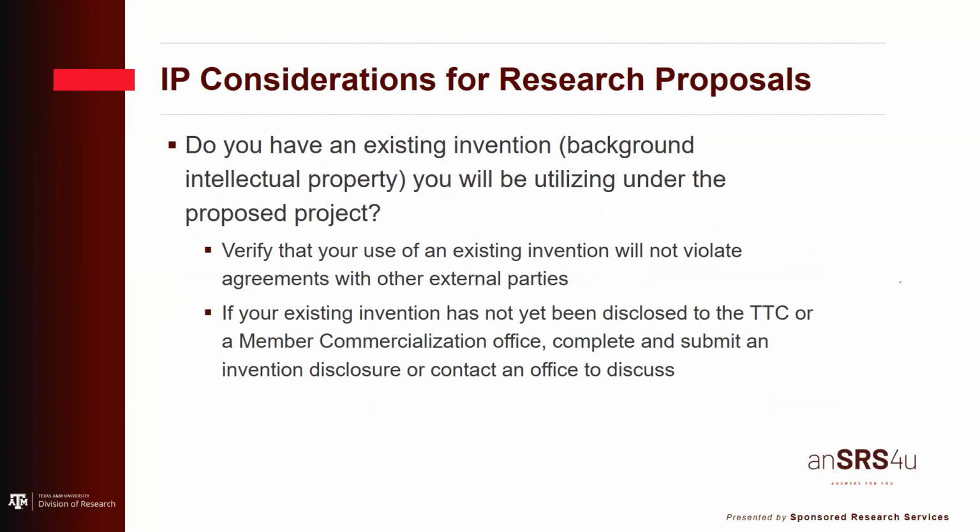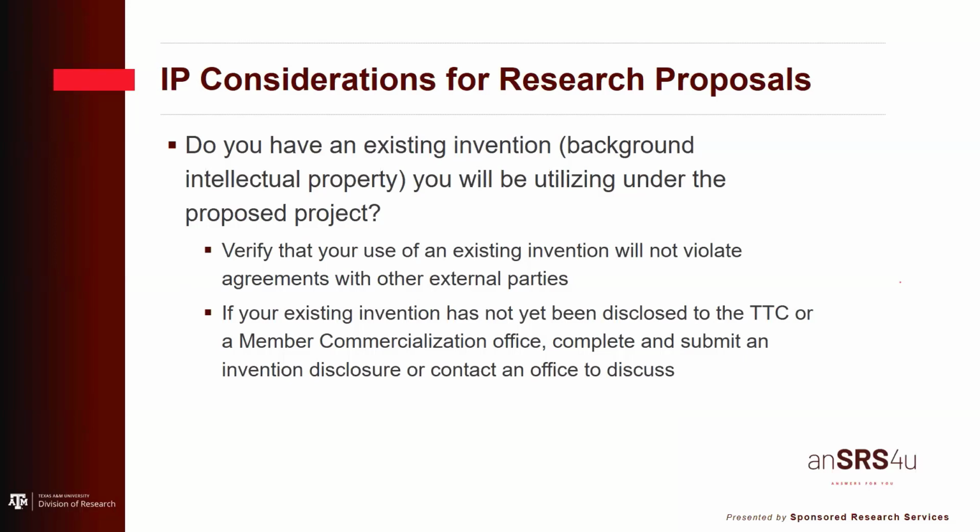If you're a researcher and you're preparing your proposal to submit for funding, it's a good idea to think, as you're preparing that proposal, if you already have something that's potentially an existing invention that's going to be used under this project.